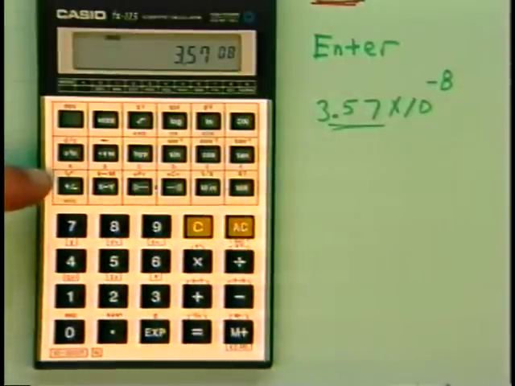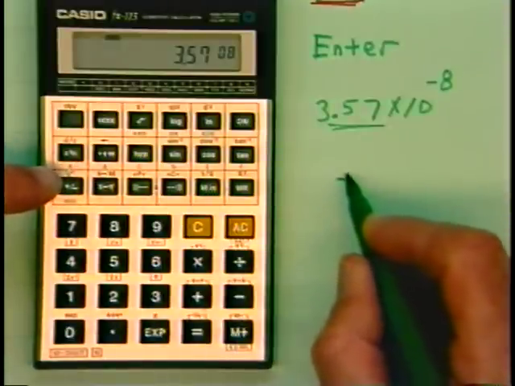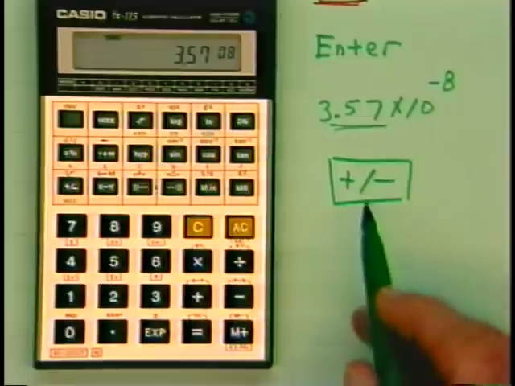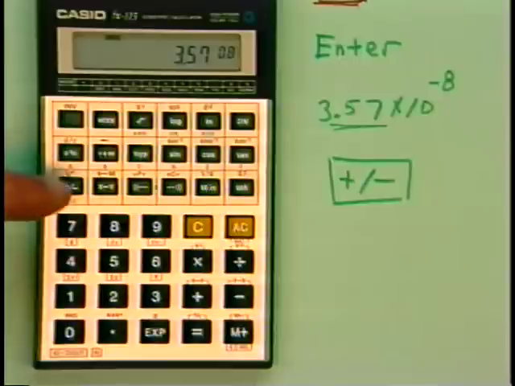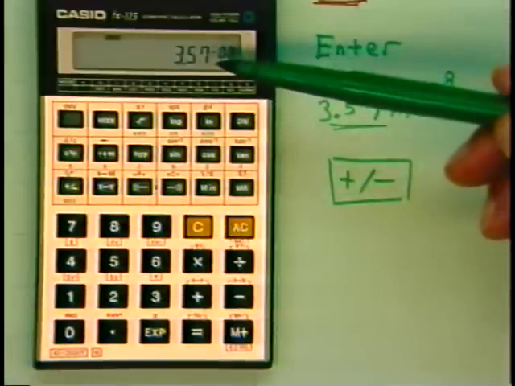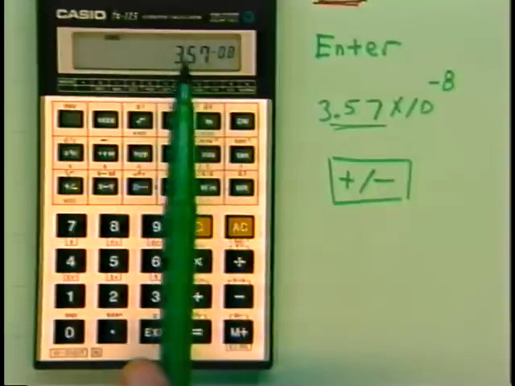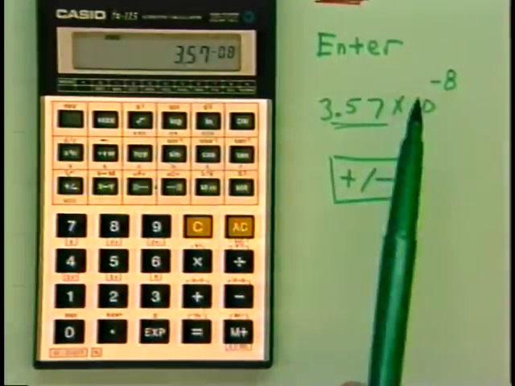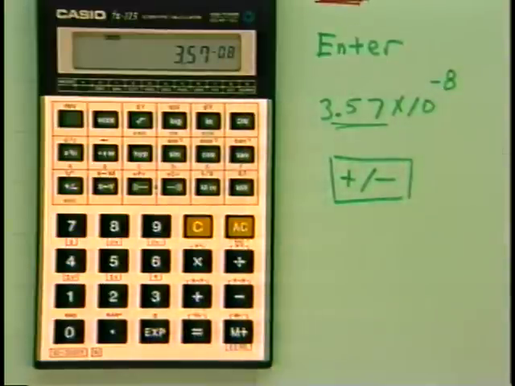So up here, right here, is a key which you might not be able to see, but it looks like this: plus, slash, minus, which means change signs. So I push that change sign key, and now that has become minus 8. So 3.57, space means times 10 to the minus 8 power.